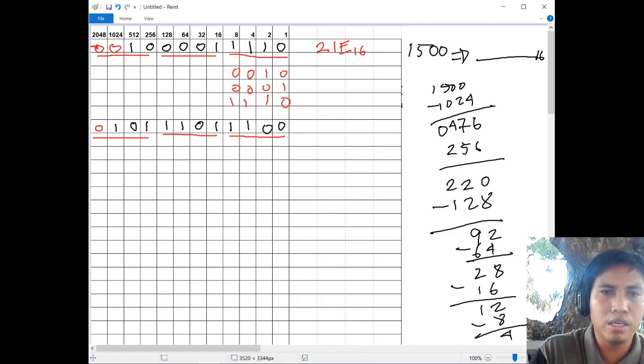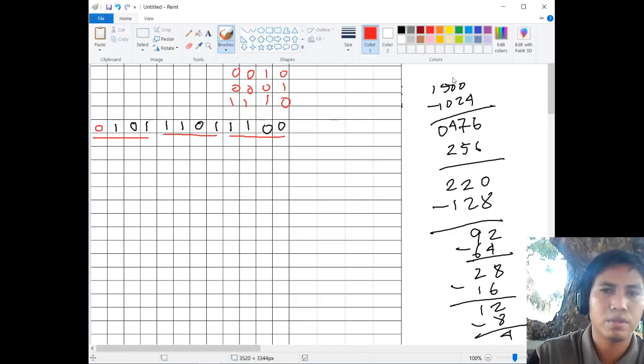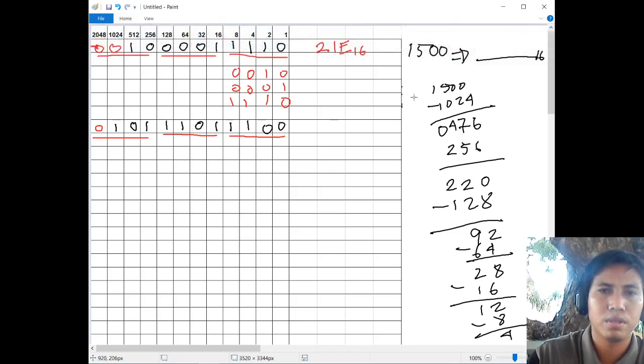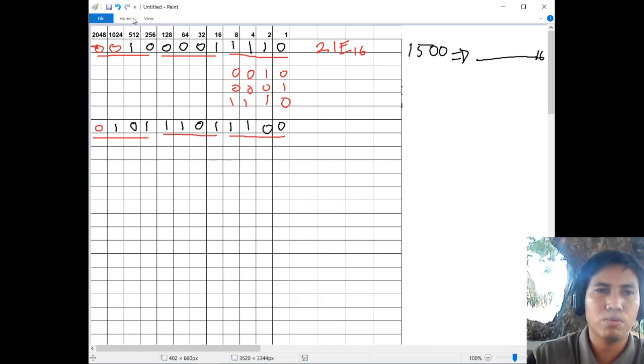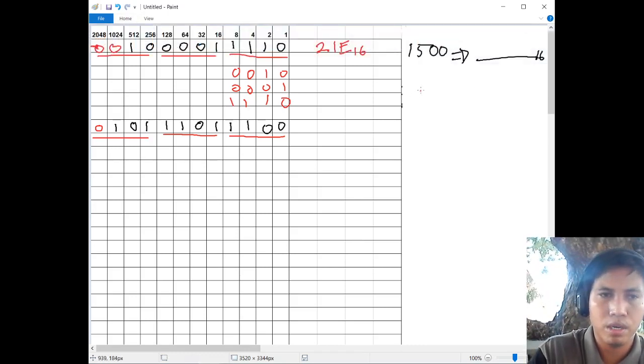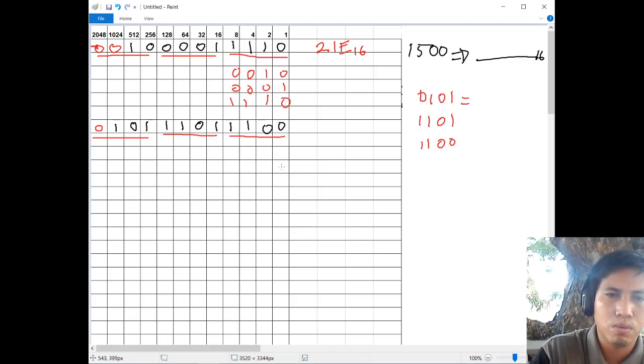So basically the digits would be 0, 1, 0, 1, then 1, 1, 0, 1, then 1, 1, 0, 0.